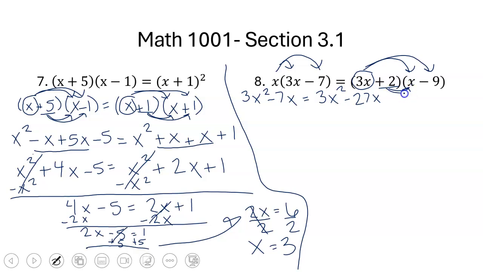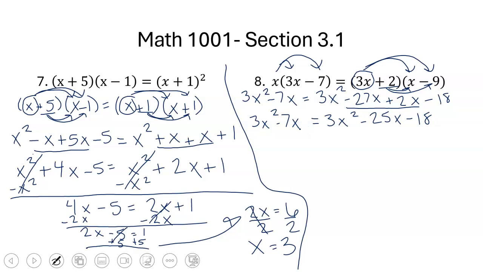Now multiply the 2 with the second group. 2 times x is positive 2x, and then 2 times -9 is -18. Combine your like terms in the center. So -27 plus 2, so that's -25x, and then bring everything else down.